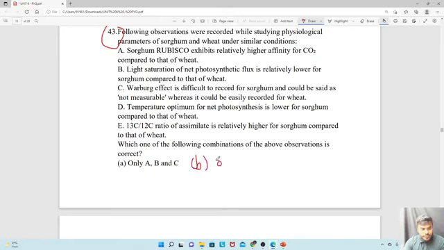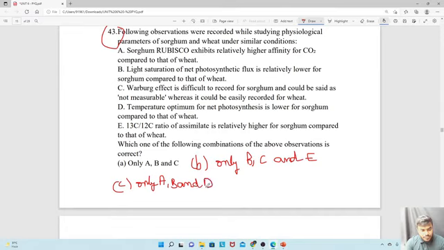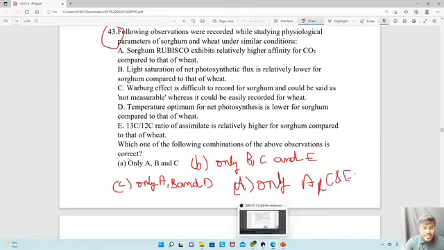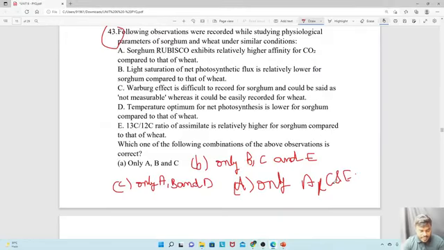Option B, only B, C and E. Then option C, only A, B and D. Then option D, only A, C and E. Think about it, friends, think and answer. I don't know why I pressed this, so sorry. Think and answer.